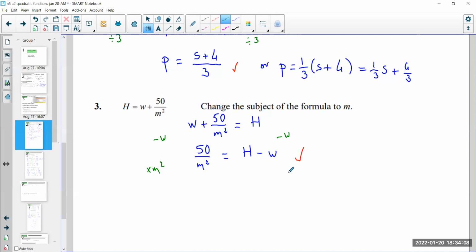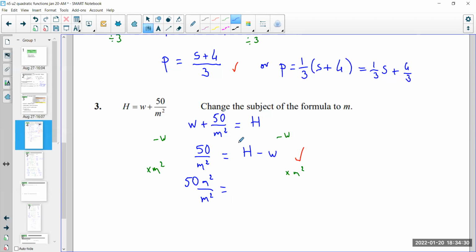And that will get rid of my divide by m square here. So that means if I do 50m square divided by m square, what is anything divided by the same thing?